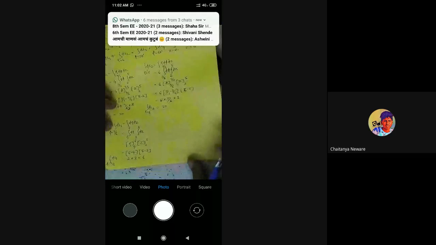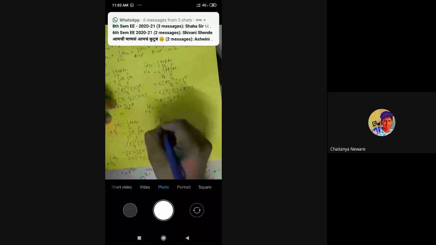Now dS4 is also the same, because the value of phi does not depend on this integration.